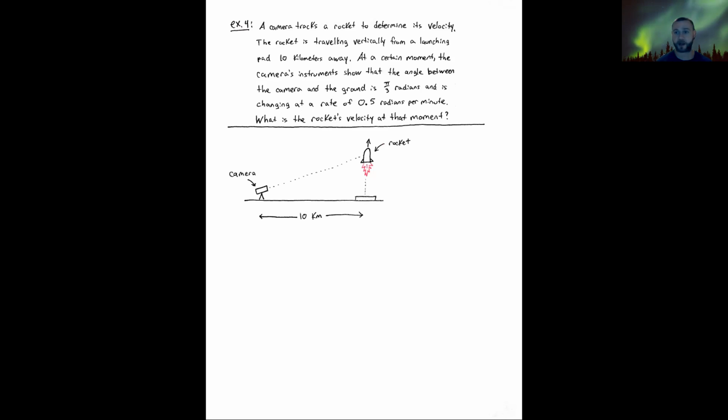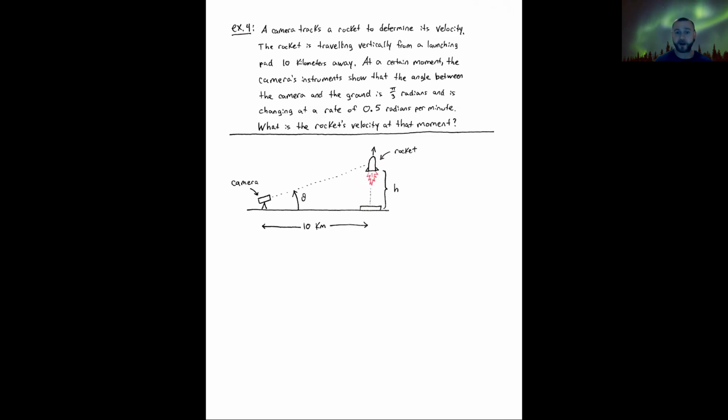We have our camera and rocket in case it wasn't obvious. Okay, so we have that horizontal distance given as 10 kilometers. Since the rocket is traveling up, that vertical height is going to change. And then due to the camera tracking the rocket, the angle is going to change as well.